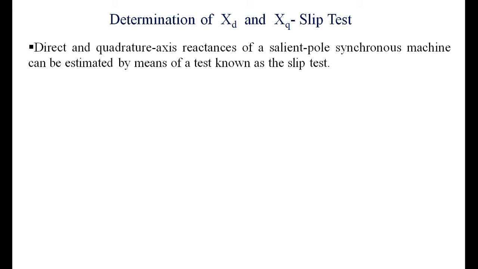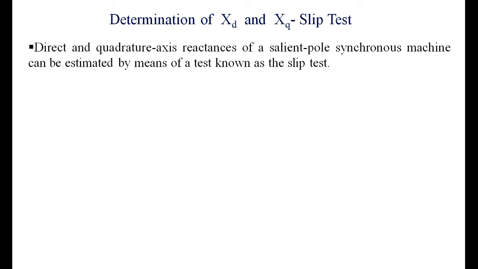If it is higher, it is super synchronous speed, and if it is less, it is called subsynchronous speed. For determining xd and xq, you do not run the machine at its rated speed, that is synchronous speed, but slightly less or more than it.